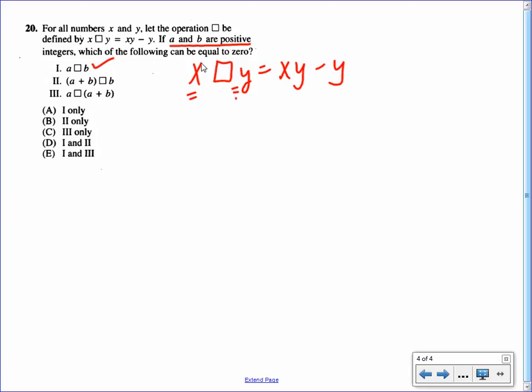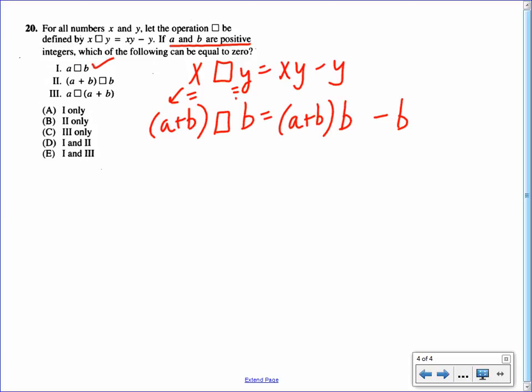Okay, so now we have a plus b square b. So it's just telling us x is a plus b and y is b. So now we're just going to plug that in. So we have a plus b filling in as x, and then that times b, which is our y value, minus b. And let's try again with a equaling 1 and b equaling 1.